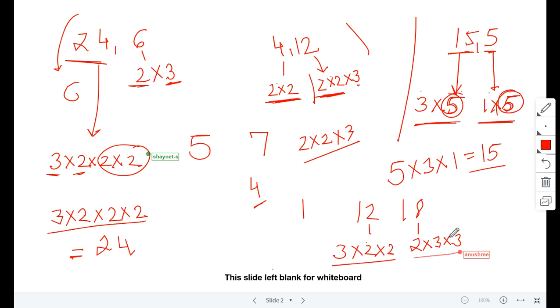What are the common numbers that you can see?